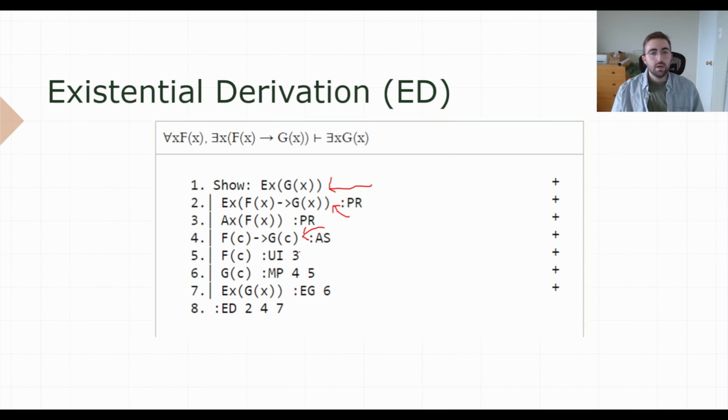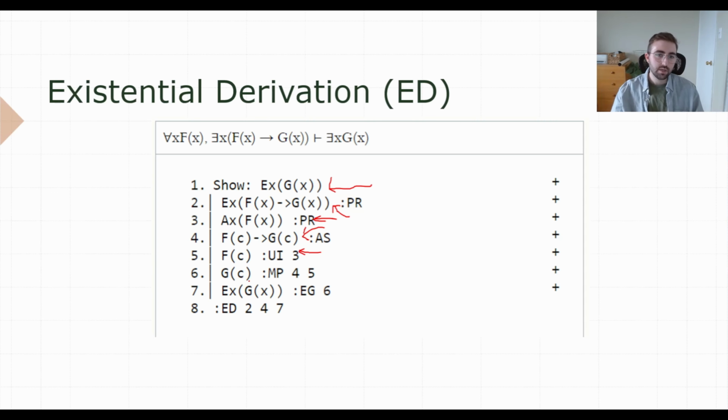Well, with universal instantiation, which we learned earlier this lesson, we can take our universal claim on line 3 and instantiate it with whatever we want. Because if it's true that all x's are f, then C has to be f, because C is one of the things that x could be.